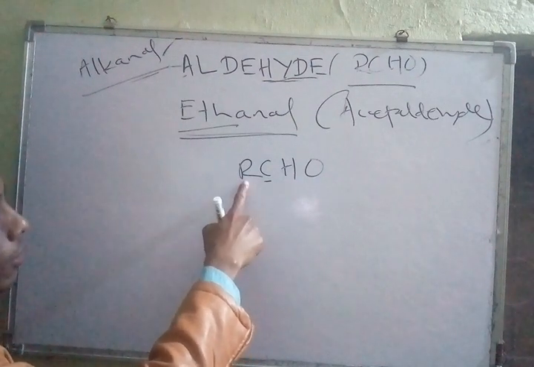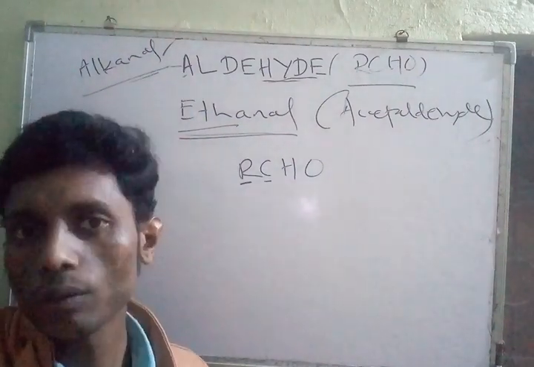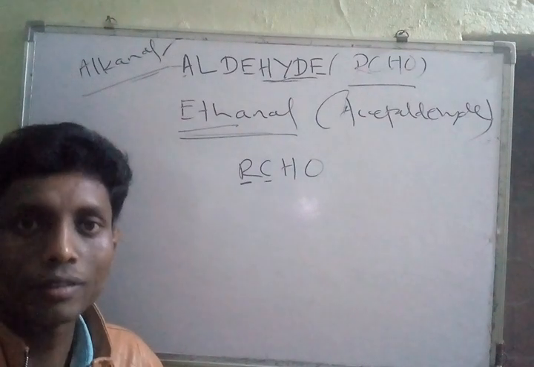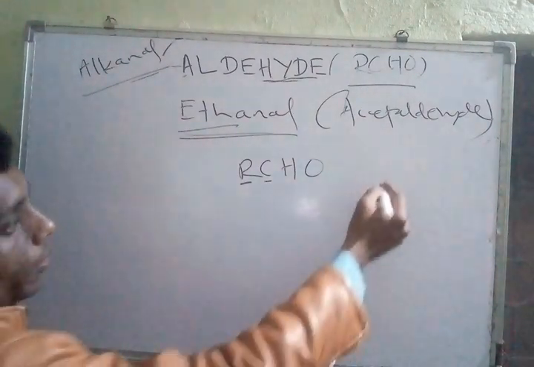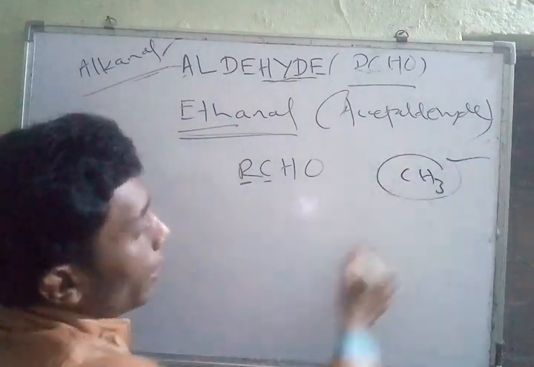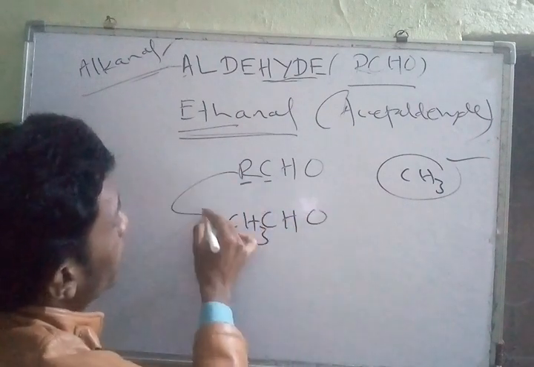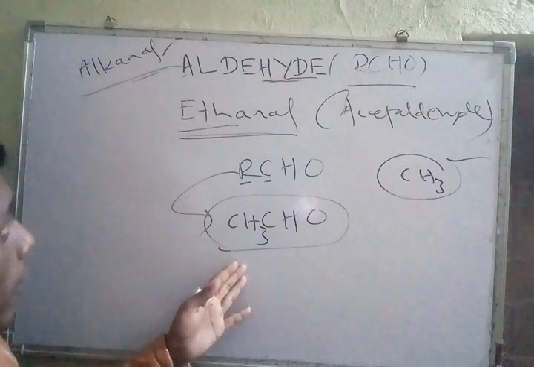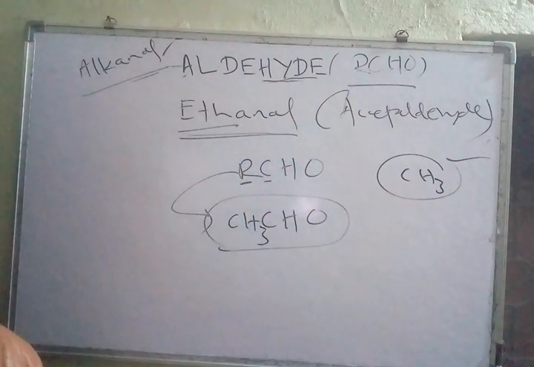Then we need another carbon, which will be present in the R group, that is the alkyl group. What is the alkyl group that contains a single carbon atom? Very simple, it is CH3, methyl. So put here methyl: CH3CHO. This is ethanal, the acetaldehyde. Clear? In this way, directly we can write the formula for ethanal.